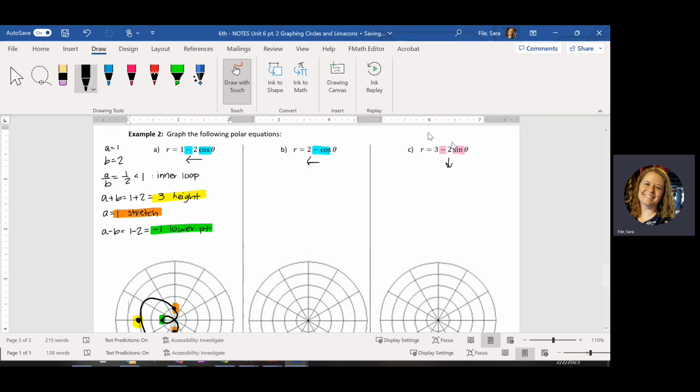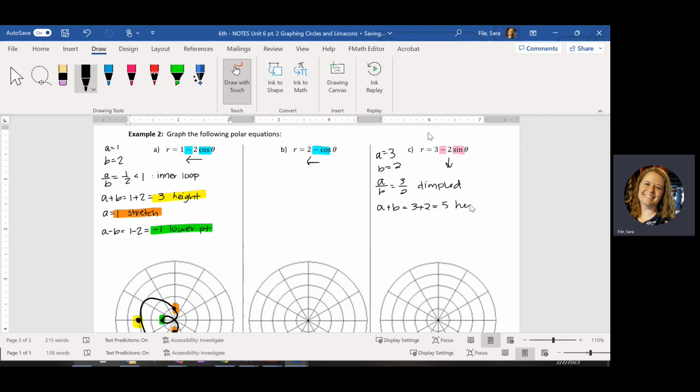All right, so it's sine, it's going down. A is 3. B is 2. So the A to B ratio, A is bigger than B, but not twice as big. So what shape is this? This one is going to be dimpled. Okay, and then A plus B is 5.